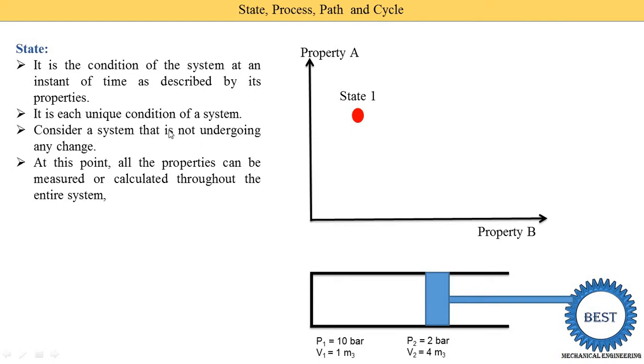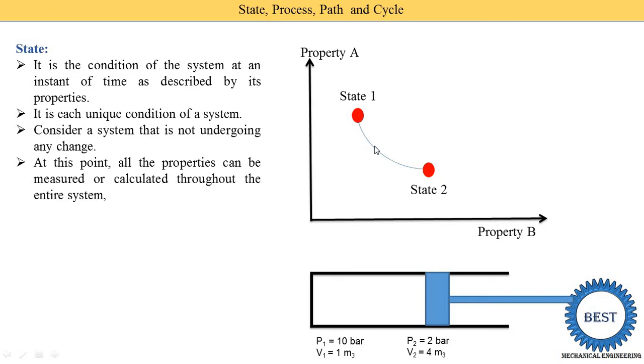When the system is not undergoing change we get some state, and when it undergoes change we get a different state. So here we plot 2 bar: on the y-axis, pressure goes downward from 10 bar, and as volume increases we move on the x-axis from left to right. We get the state 2 point here, and we can join them.